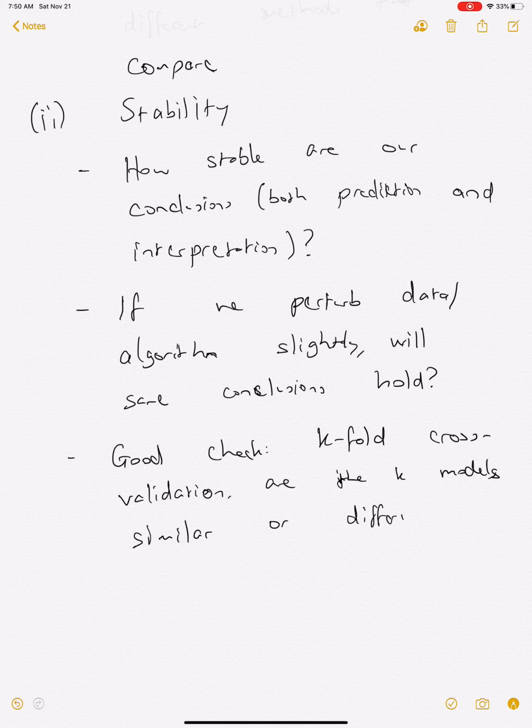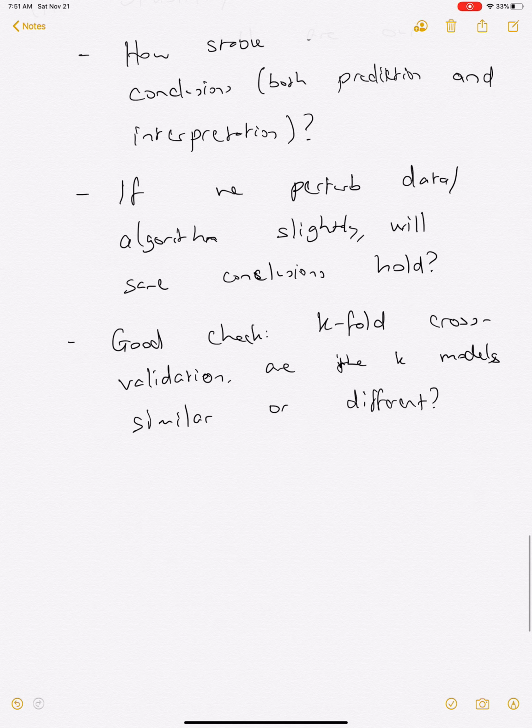That's a good first check. Because if your models are changing a lot across the k-fold cross-validation, that's telling you that your approach is highly sensitive.